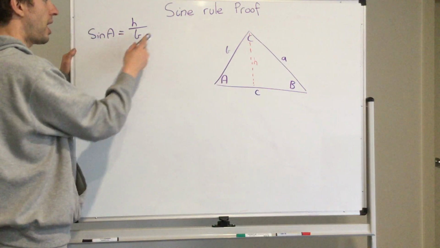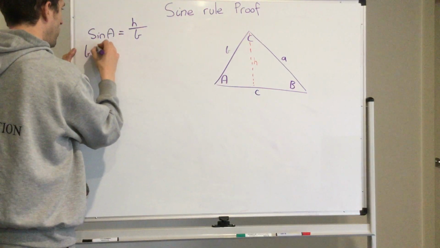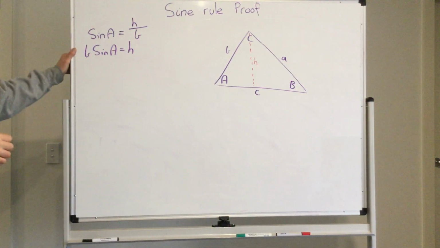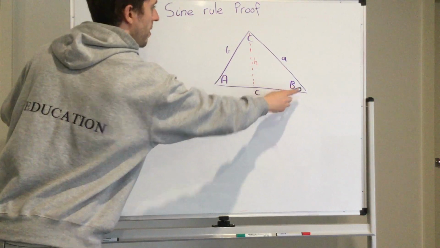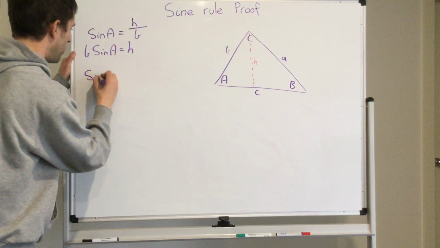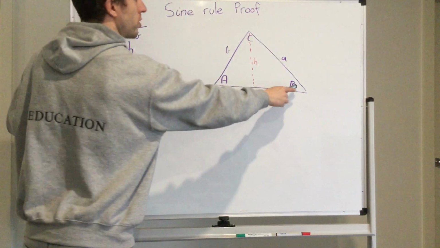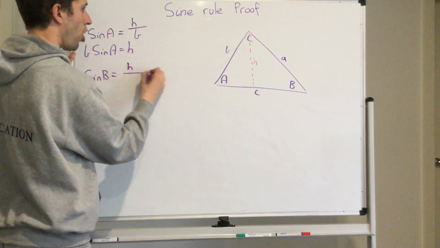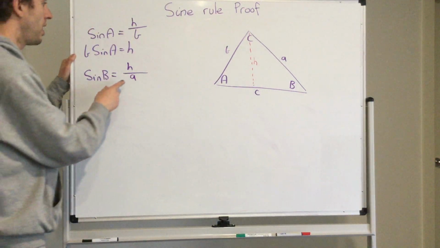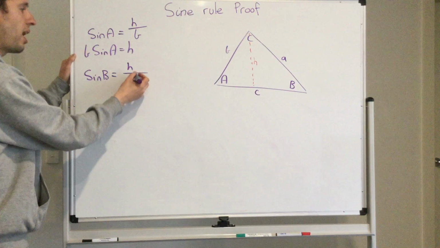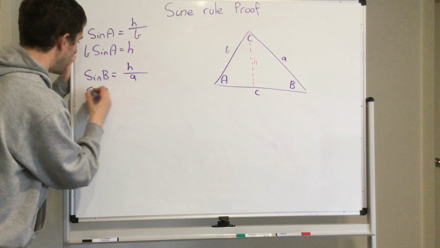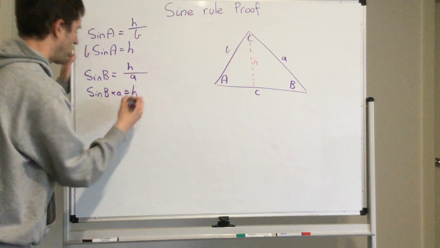I can take b to this side by timesing both sides by b. b sine A equals h. I can use the same for angle B and go sine B equals h, opposite over hypotenuse, h over a, and I can then times each side by a. a sine B equals h.